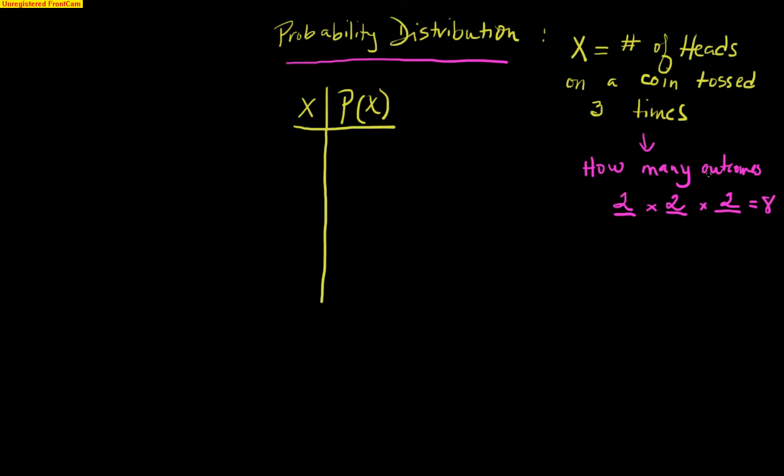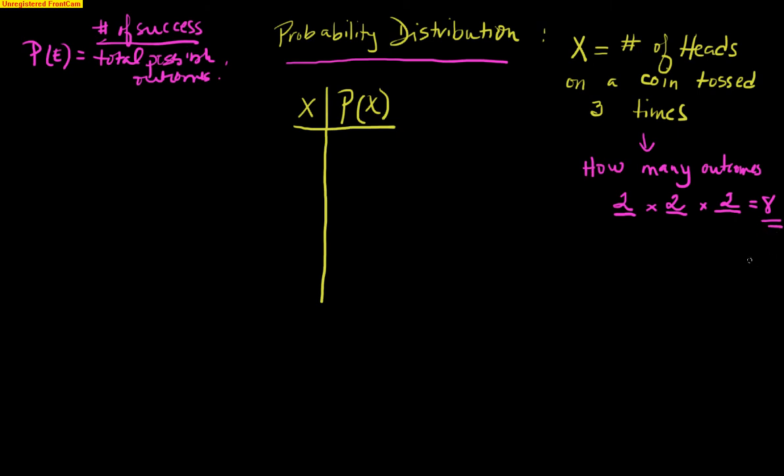So we know that the probability of any event is always the number of successes out of the total possible outcomes. You should be sick of this definition by now. What we've just found here is the denominator. There are 8 possible outcomes.